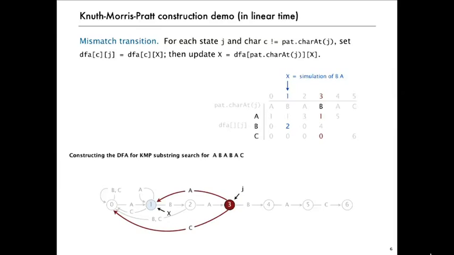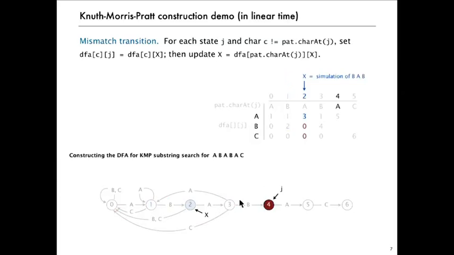And again, we update X. And when we see a B, X goes to state 2. And again, you can check what X is supposed to be. It's supposed to be where you would be if you started the machine on the pattern with the first letter cut off. So it's supposed to be where you would wind up if you got BAB, and that's a check.